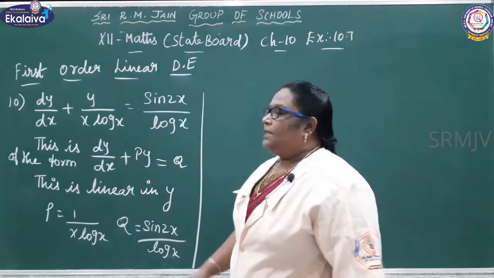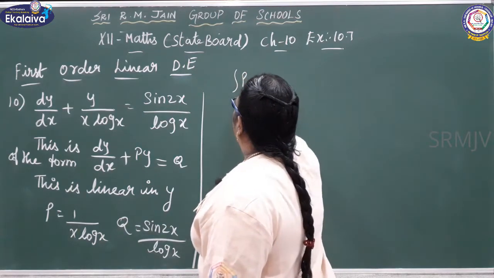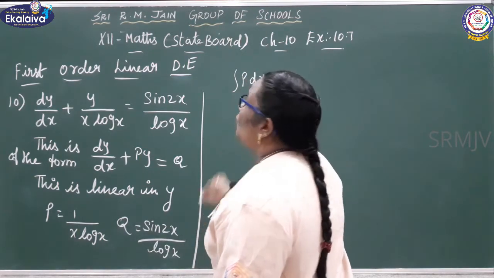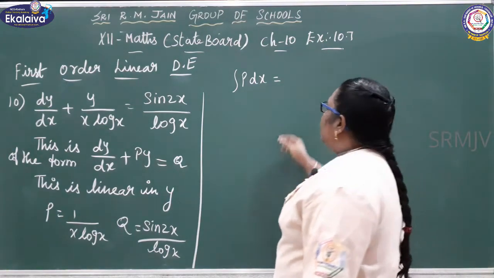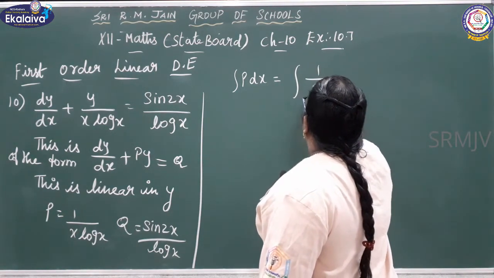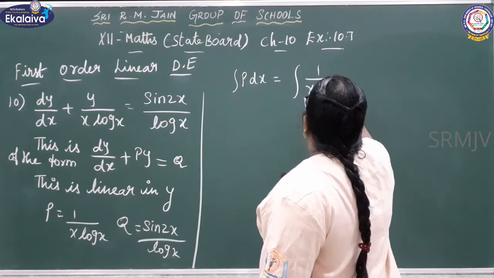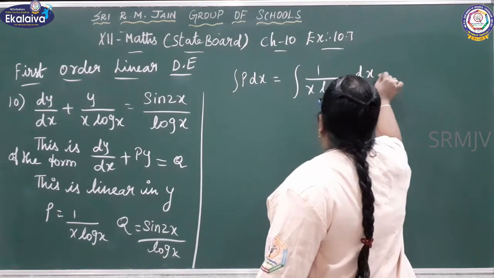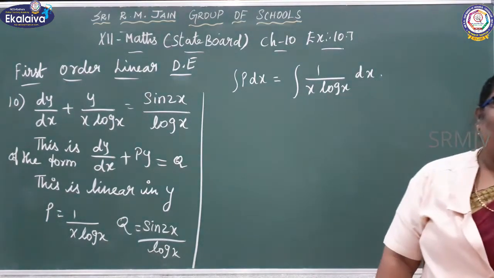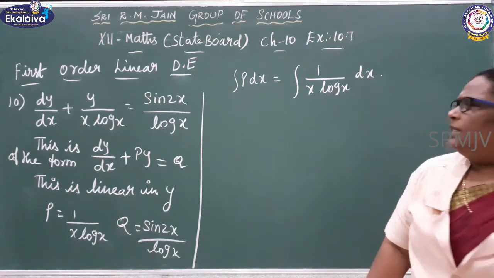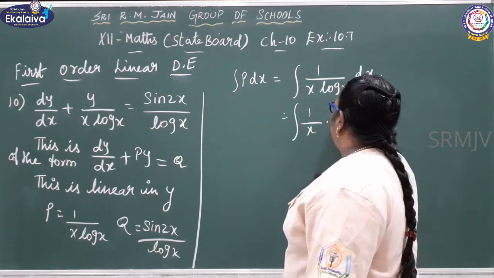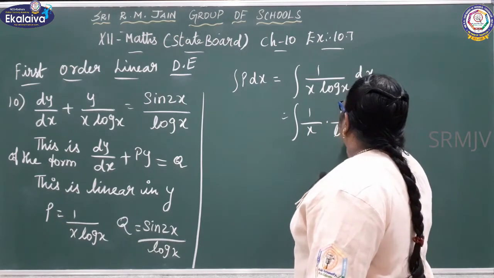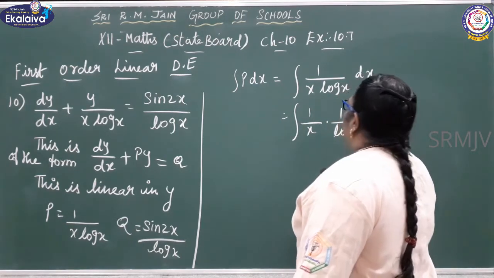Integral p dx, we want to find the integrating factor. Integral p dx equals integral of 1 by x log x into dx. Here you can take it as 1 by x into 1 by log x into dx.